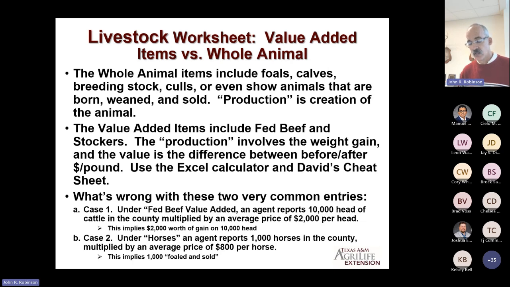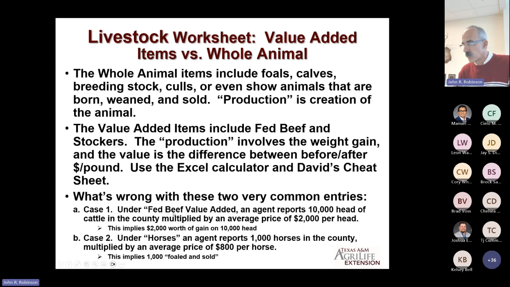So you can think of calves, foals, kids, lambs, and then other animals that just happen to be sold in a given year, like cull cows and cull bulls and breeder stock. All of those are counted as dollars per head, whole, and it's the value of the sale of that animal in 2024.